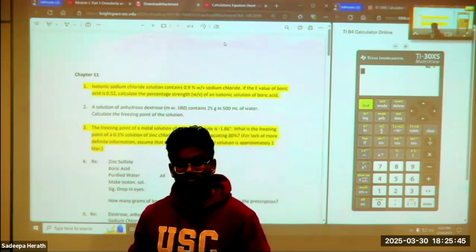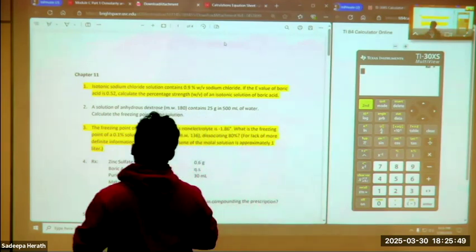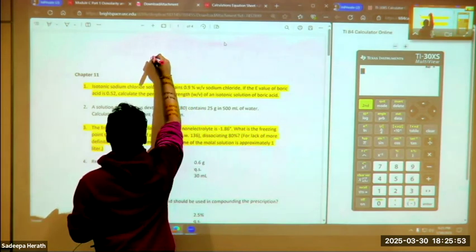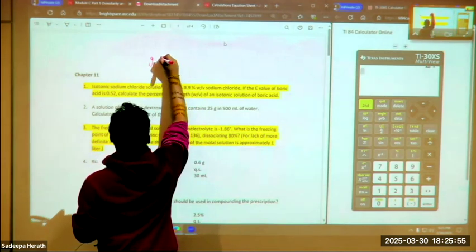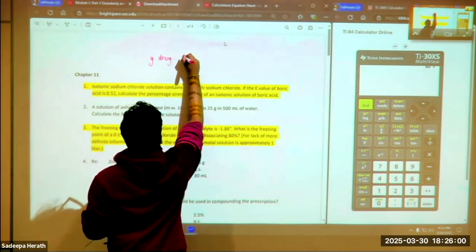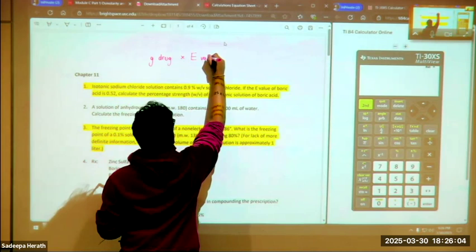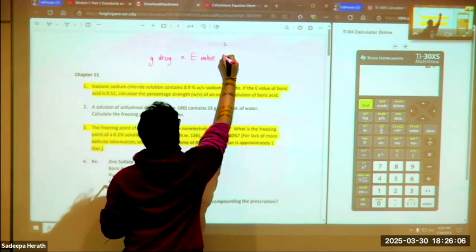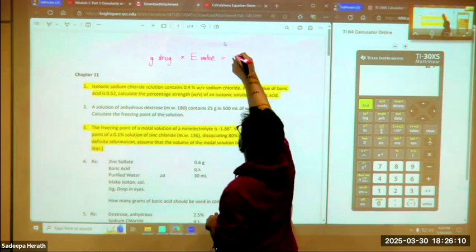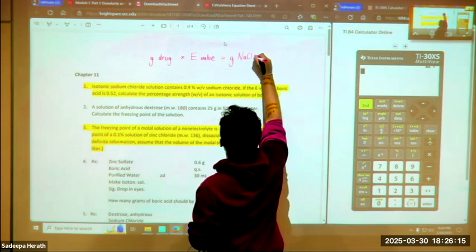But math-wise, the equation to convert from the amount of a drug to its sodium chloride equivalent is, let's just say grams of drug, for example, times its E value. So grams of drug times E value equals grams of NaCl equivalent.